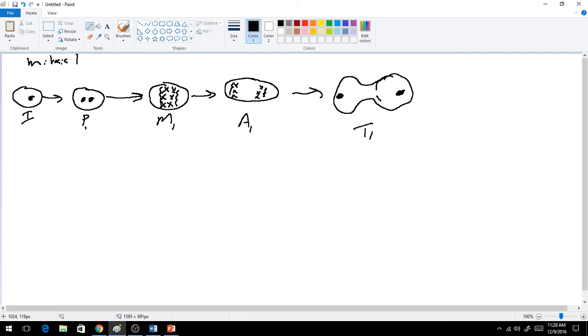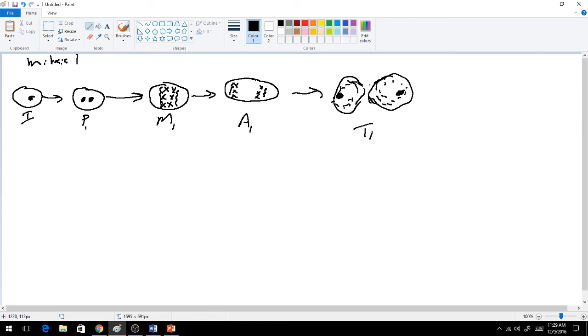The cytoplasm pulls apart, and eventually we end up with 2 cells. And I'm actually going to switch over to the eraser to represent that. So now we have 2 cells which are copies of the original.